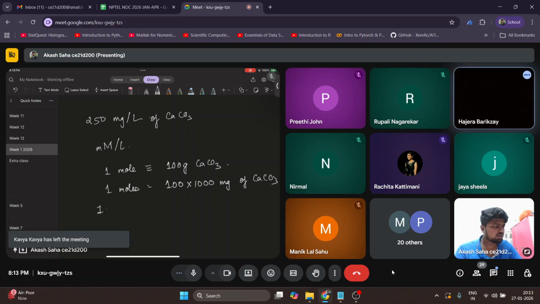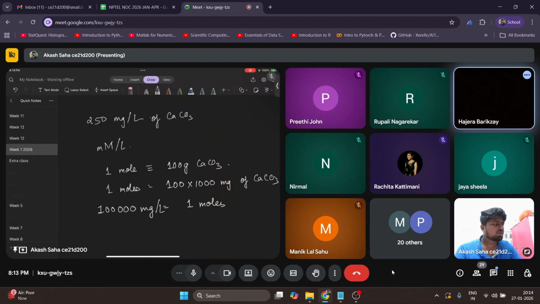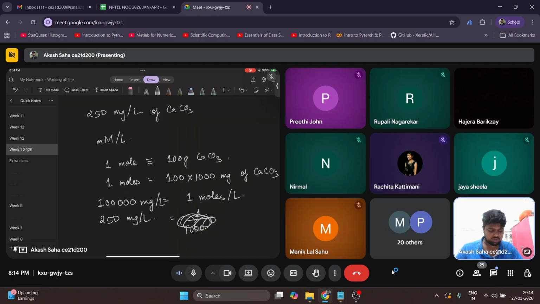This much milligram per liter will be equal to 1 mole per liter. Now we have 250 milligrams per liter, so it will be around 2.5 millimoles per liter.